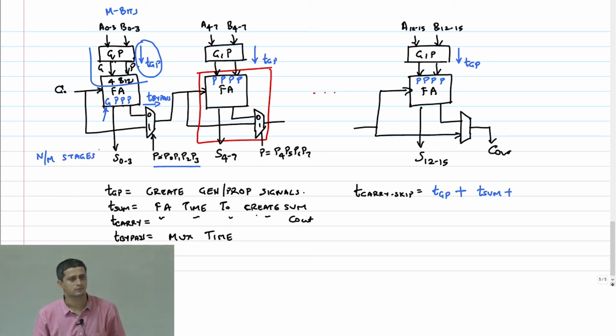Right? So therefore this has to be what now? M minus 1 T carry. Sorry.